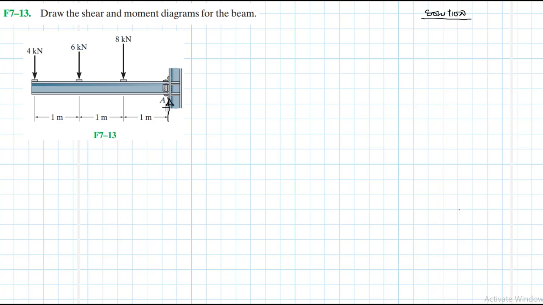At A, we expect Ay, then Ax, and then we have a moment MA. Okay, let's apply the equations of equilibrium. So we have summation of moments about point A equal to 0, with clockwise being our reference.